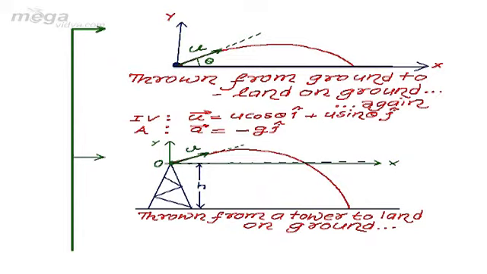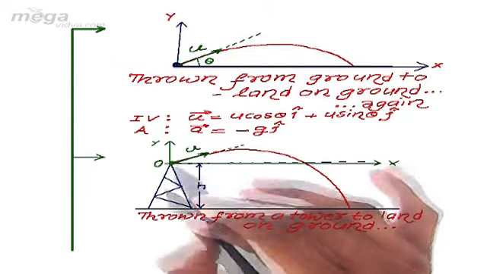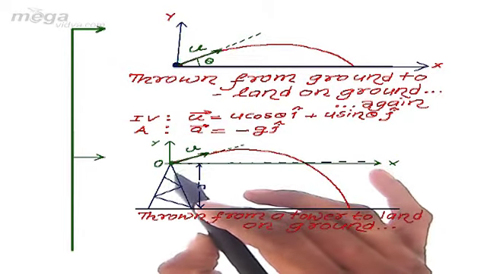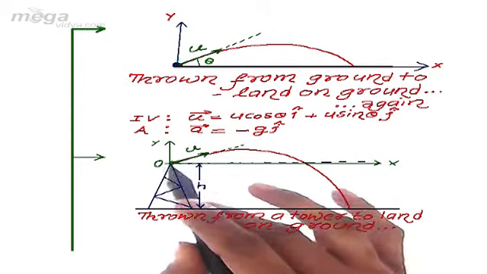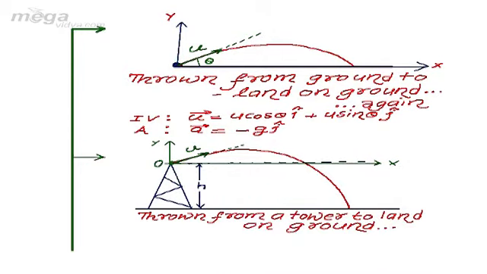If we throw the projectile from the topmost point of this tower, which is at height h, then the projectile will follow a path as shown here. Here, the landing of the projectile occurs at the ground. In this reference frame, I have taken the horizontal to be along the x-axis and the y-axis in the vertical direction.